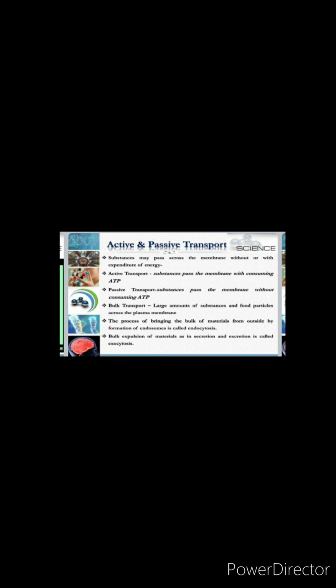And when you are going up the hill, you require more energy for cycling. There is utilization of energy, so that is called active transport. These are the two types of transport under the cell transport system.